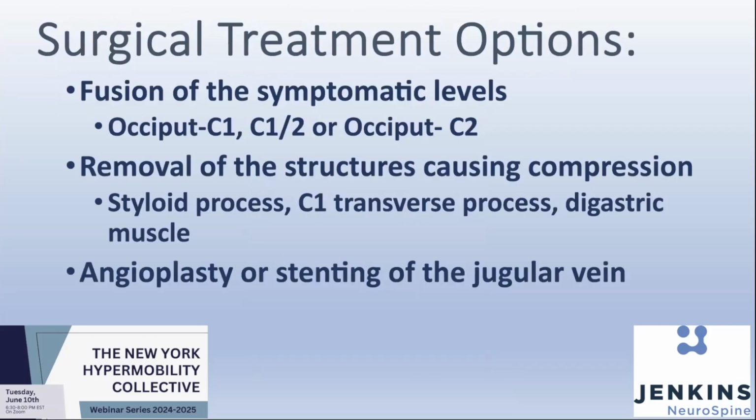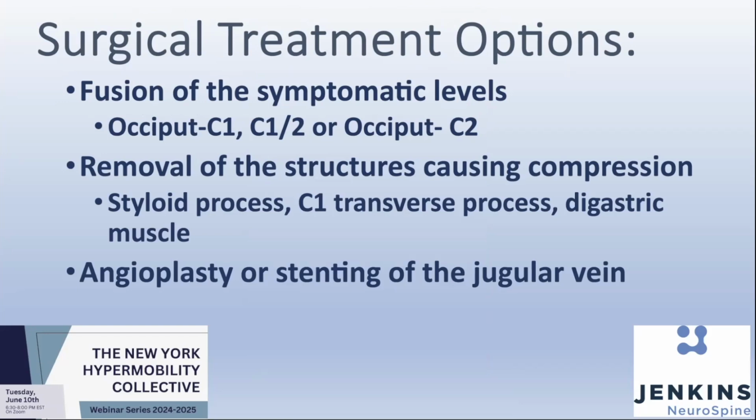So the surgical treatment options, and this isn't a technical how-to, because I don't want any of you trying this at home, but we either fuse the relevant abnormal levels to stop the motion that's leading to the worsening of the symptoms.